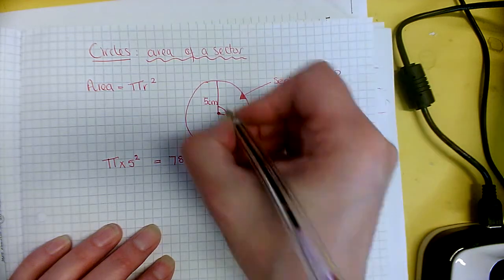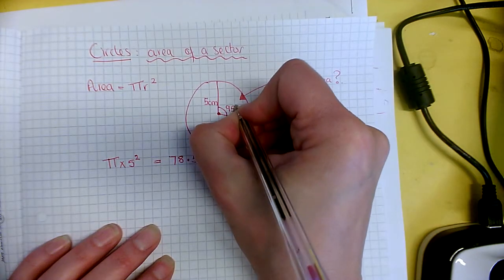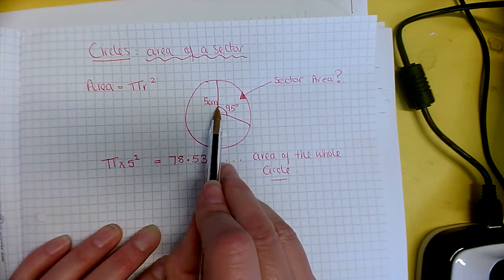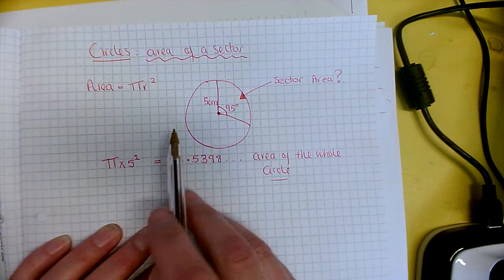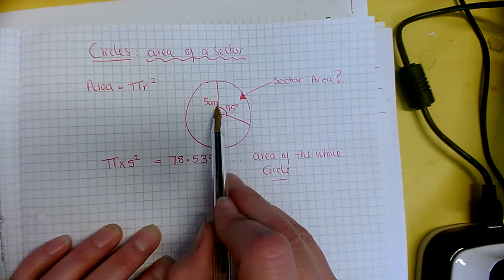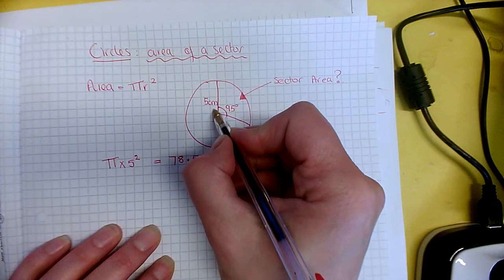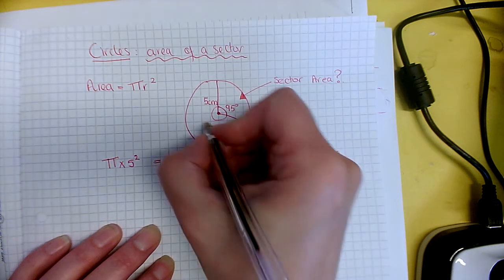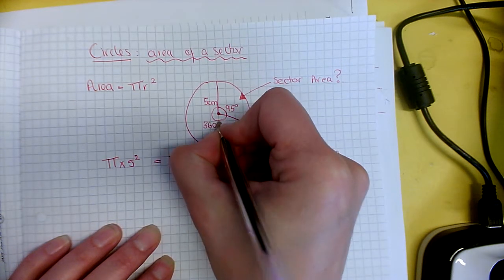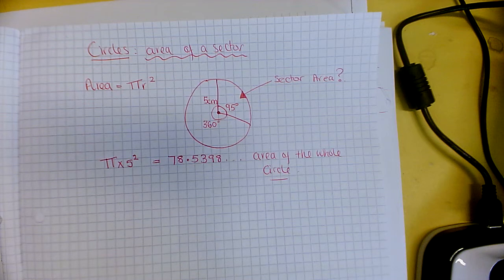Okay? Now, the key thing is that this angle in here is 95 degrees. So I know that this angle is 95 degrees out of the whole circle, remember? The whole number of degrees around a point is 360 degrees.